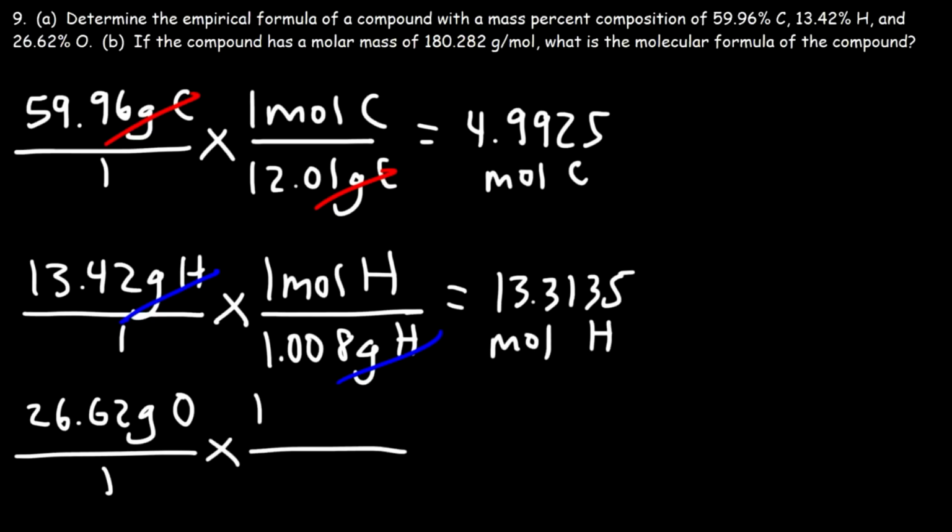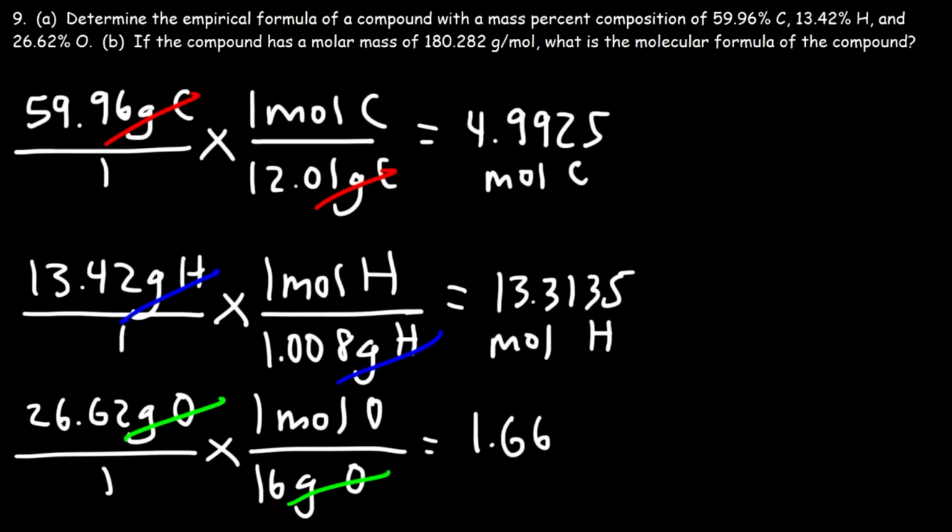Now let's do the same thing for oxygen. Let's divide it by 16 grams, since that's the molar mass. And so this is going to give you 1.66375 moles of oxygen.